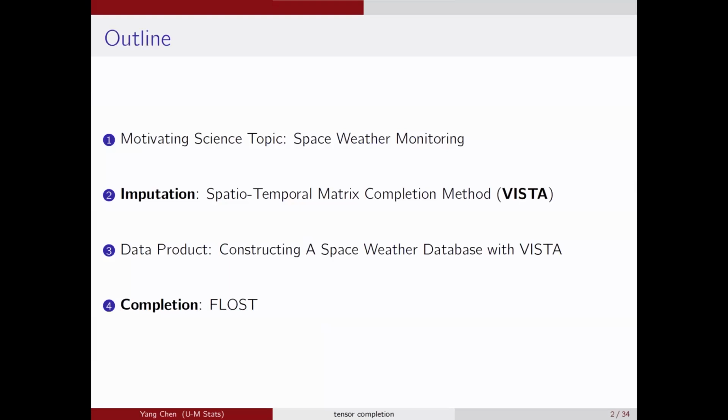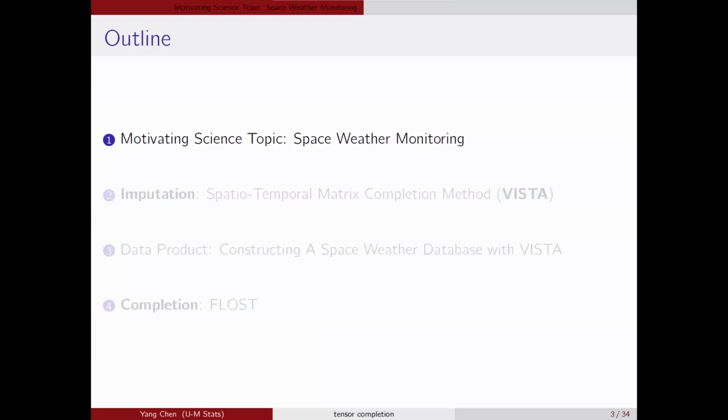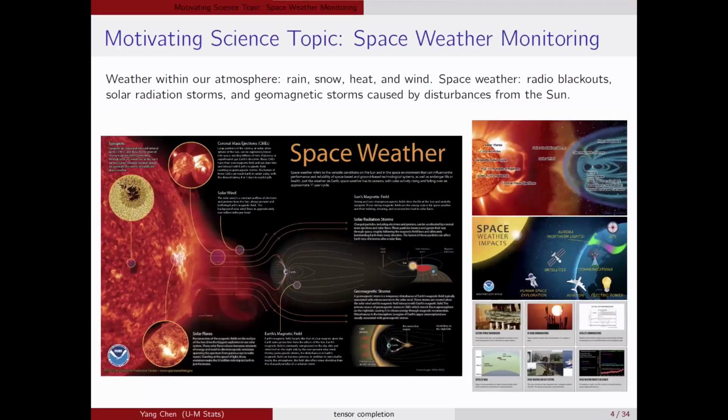The motivating scientific problem that we had is space weather monitoring. Typically, before you travel, the first thing that you look at is the weather forecast to decide what to pack. For space travel, that's the same issue. You cannot travel without looking at space weather forecasting. Space weather is not only about cold or hot days.